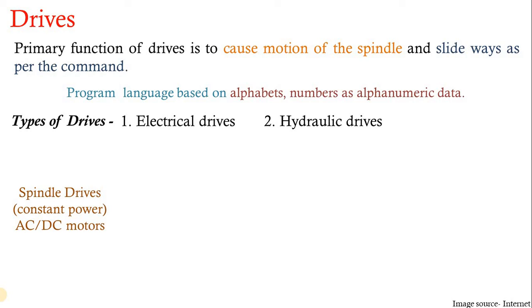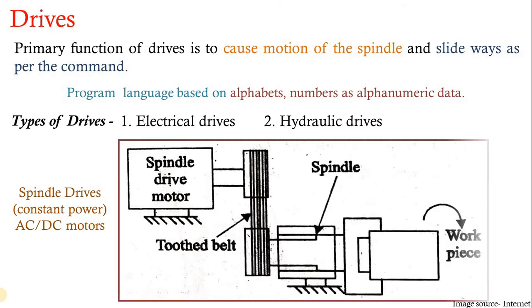The spindle drives are given constant power by AC or DC motors. You can see in the image the spindle drive motor, which is connected with a toothed belt to the spindle, which is attached to the chuck where the workpiece is held and gives the motion.